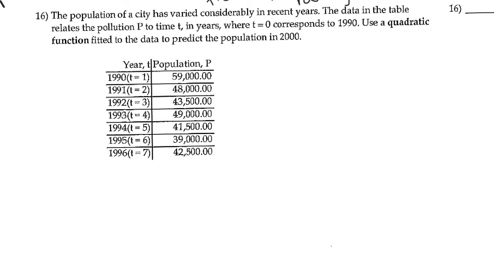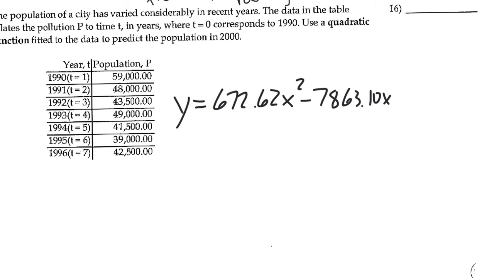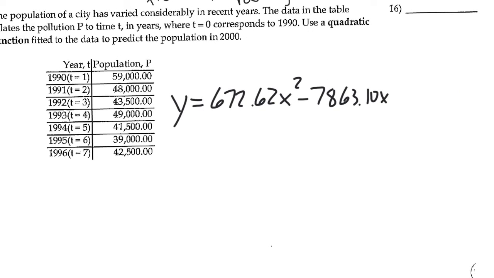Now you do that to a point, and my calculator says that my model would be y equals 672.62 x squared minus 7,863.10 x plus 64,071.43.